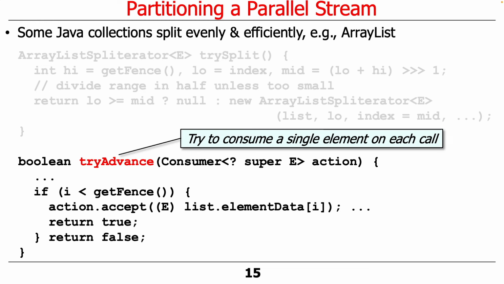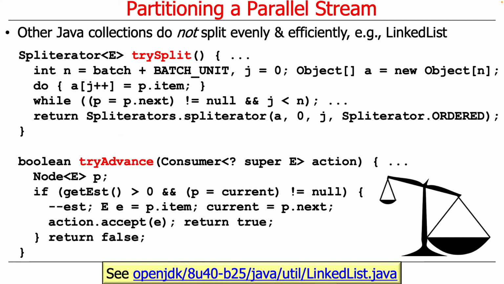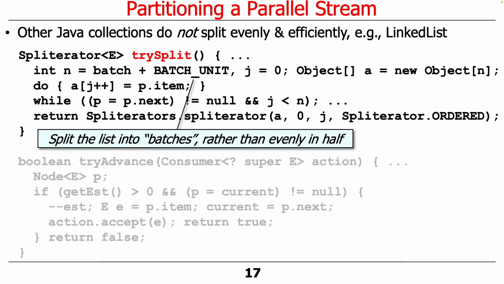Now let's go ahead and take a look at the LinkedList spliterator. As you can see here, the LinkedList spliterator, which has the same interface as ArrayList, is a lot less efficient. That's because there's no easy way to find the midpoint of a linked list without traversing through the pointers to find the midpoint, which would take a long time.